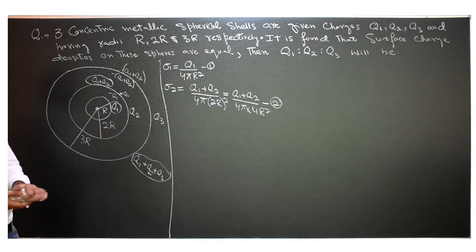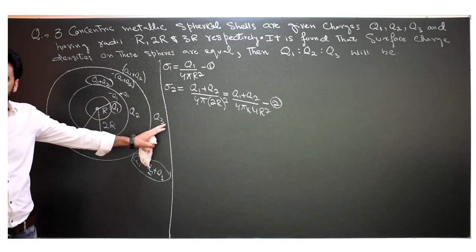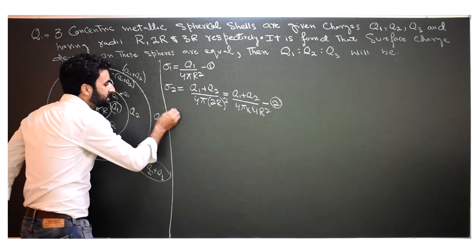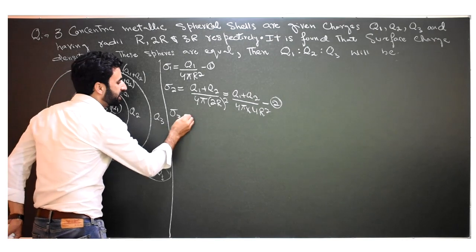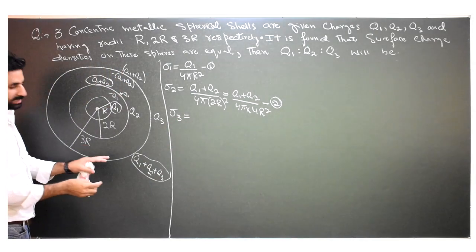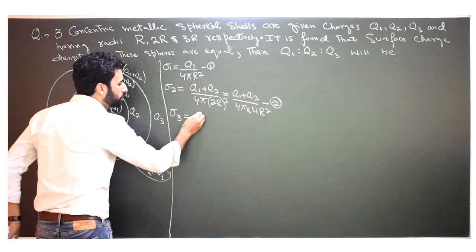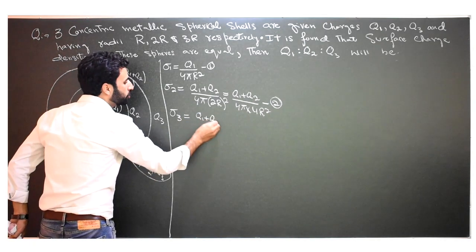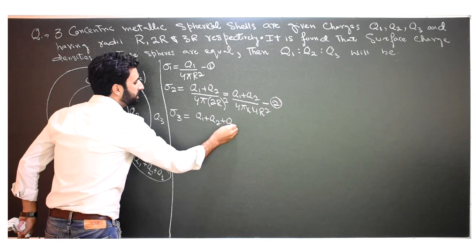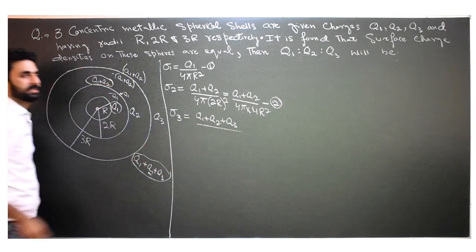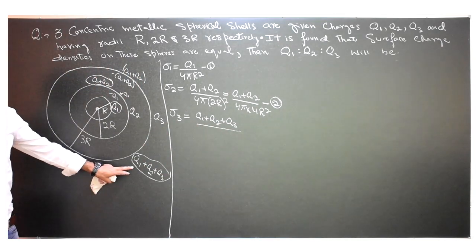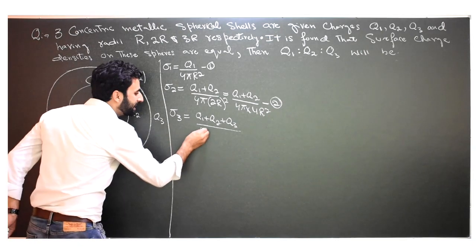Now, what about the surface charge density of the third shell? The charge on the third shell is Q1 plus Q2 plus Q3, divided by the surface area of the third shell. That is 4 pi r square.